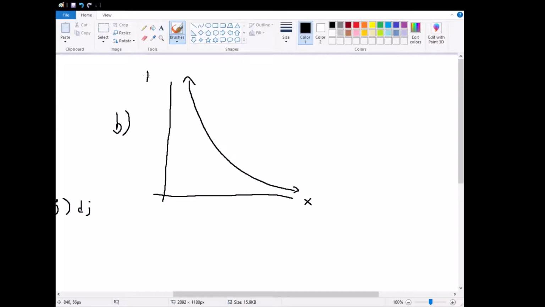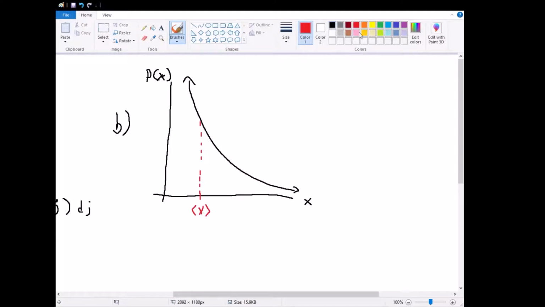And this is the probability of finding us at some value x. So let's say that our average is somewhere here. Let's say that this is the average value of our x.